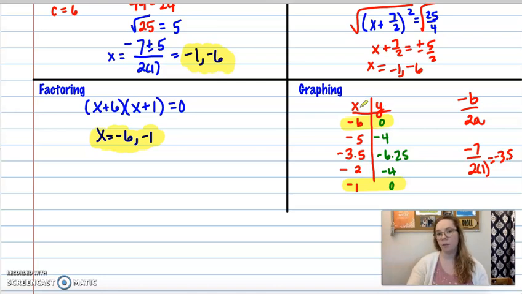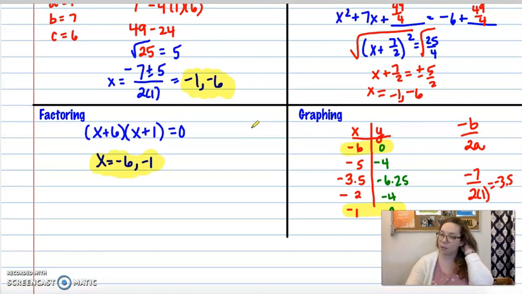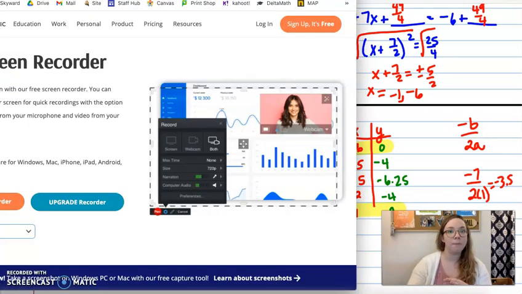So it really is kind of up to you. Graphing is helpful if you do it on Desmos, the graphing calculator, to check your work. I find that one to be the most helpful when you're on that website, which I can show you as well. Let's go ahead and do that.